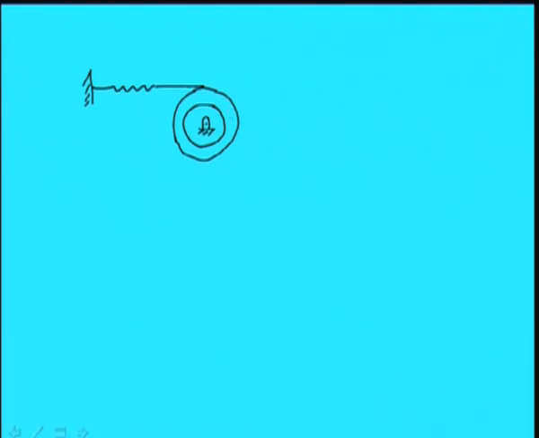They are a single member, and through this another cord is attached, and at the end there is a mass. The first cylinder is having radius r2 and the inner one is having r1, and the polar mass moment of inertia of this is Ip.